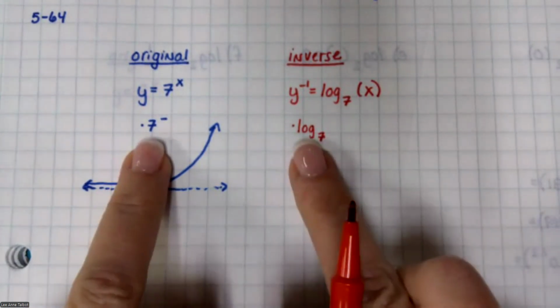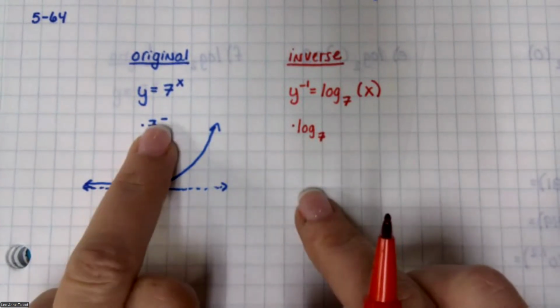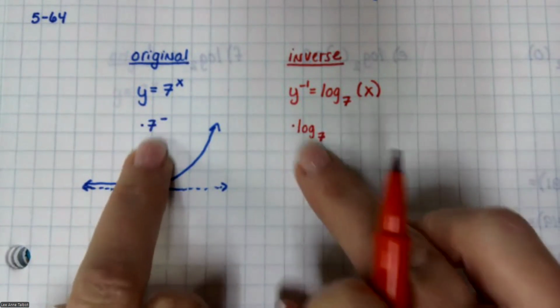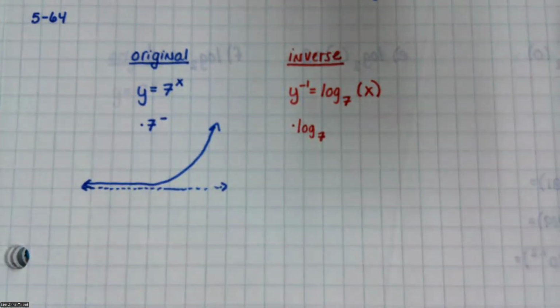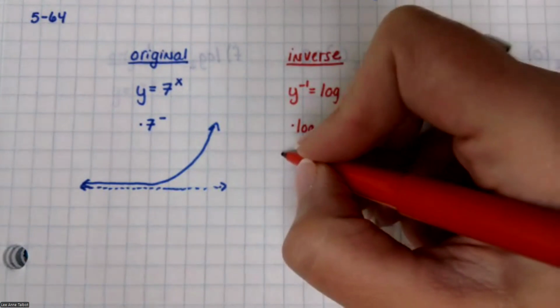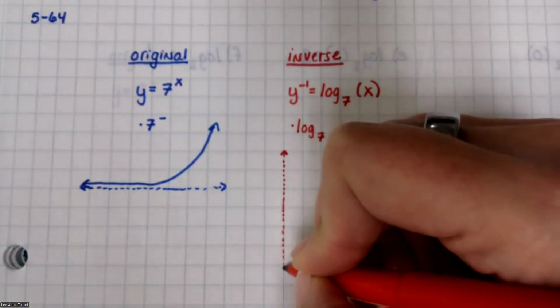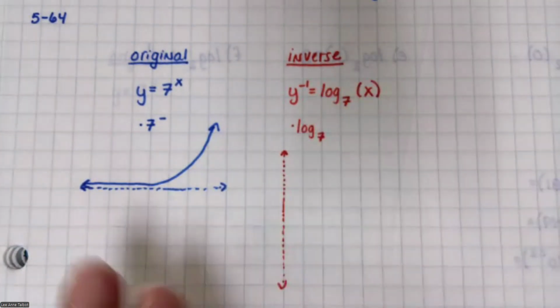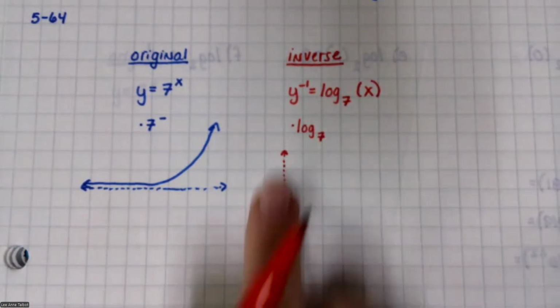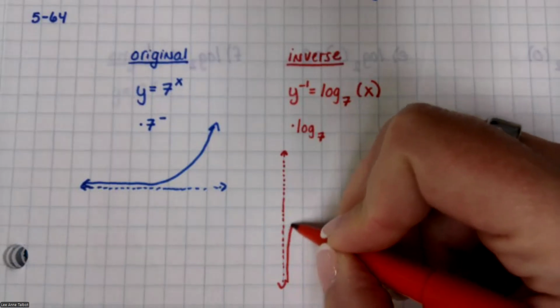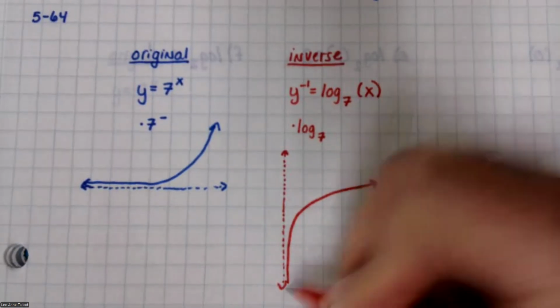And these two things undo each other. 7 to the undoes log base 7. These are inverse operations of each other. And what does it look like? Okay, so this is important. There's a very important detail here. The inverse, instead of having a horizontal asymptote, has a vertical asymptote. And the graph comes up and goes like this.